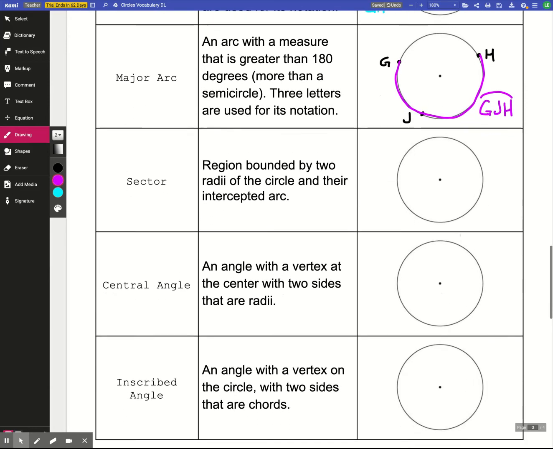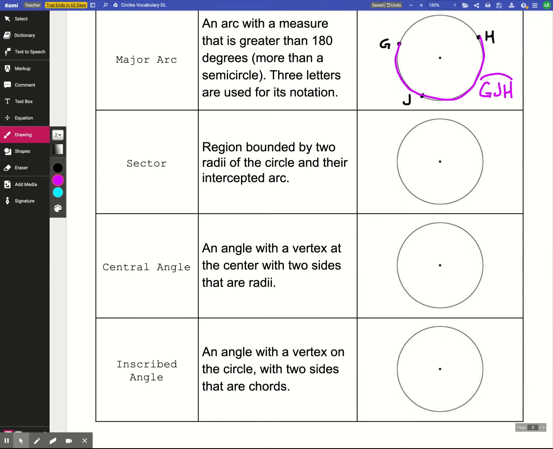All right. A sector. Think of a sector like a slice of pizza. So again, I have here G and H. A sector. I've got to draw from my center here.